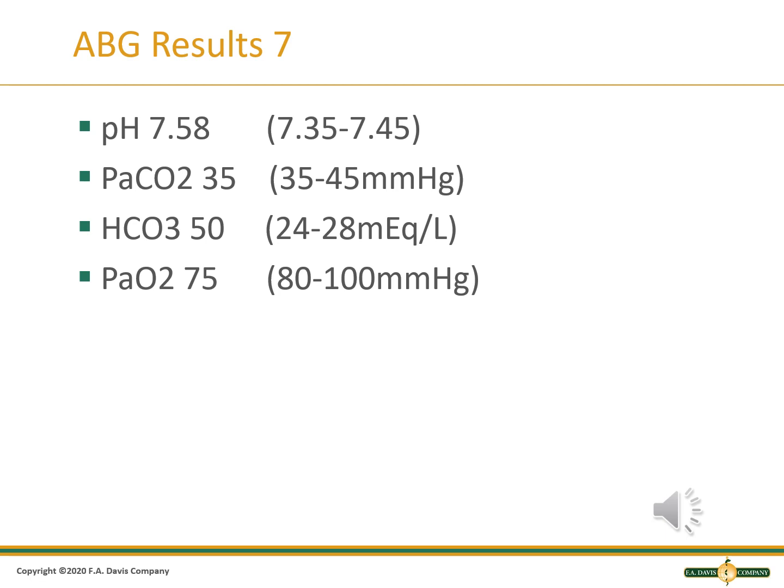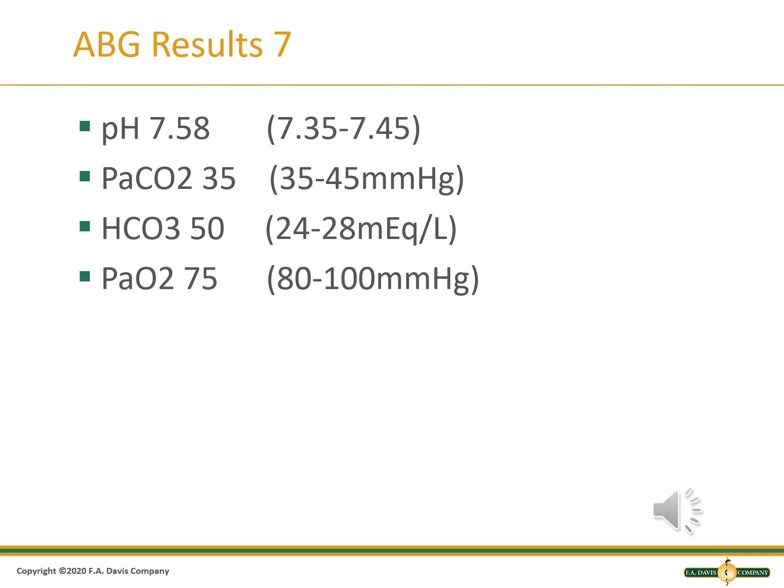Okay, this one, our pH is 7.58. So this would be an alkalotic pH, so write alkalosis next to it. PaCO2 is 35. It is barely in the normal range, but it is there, so we would write N next to it. And then bicarb is 50.